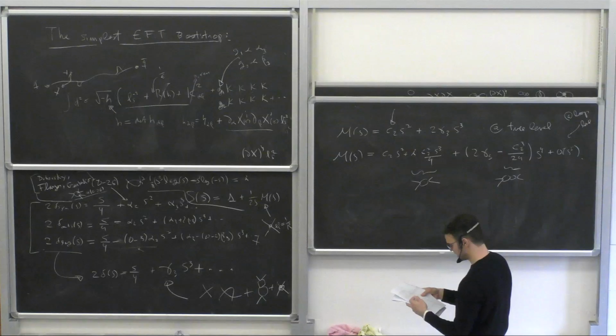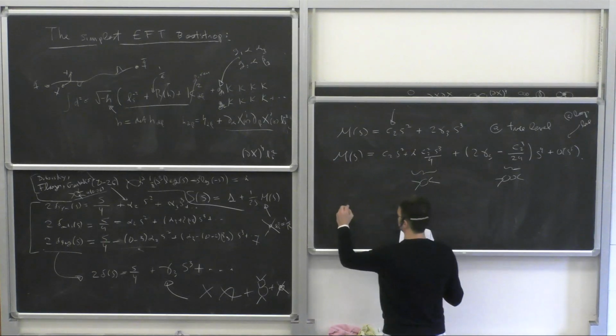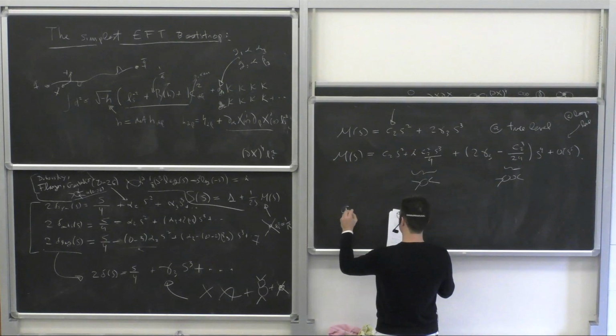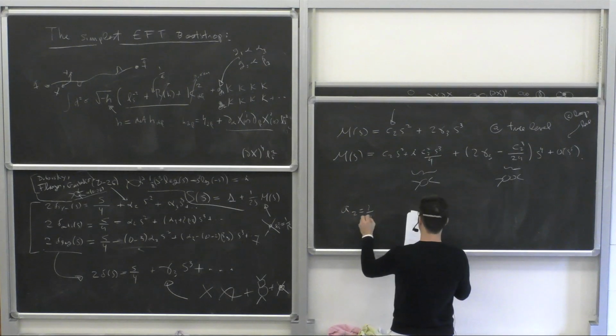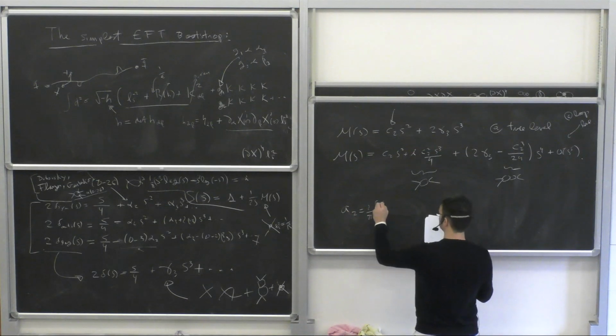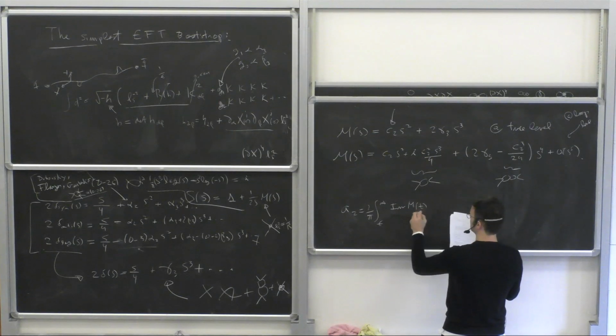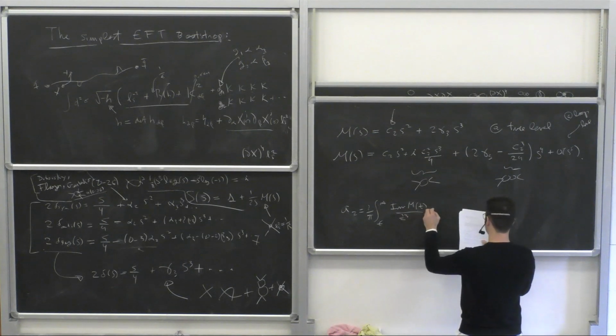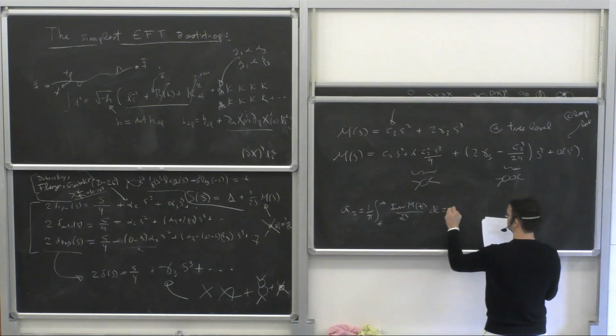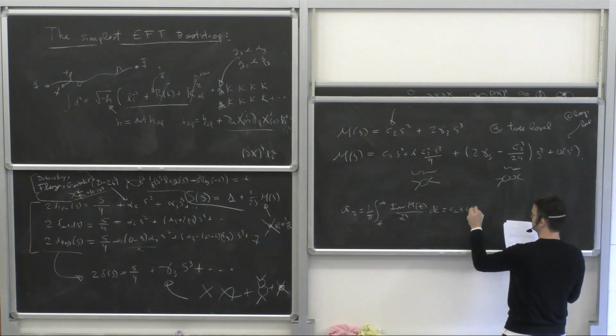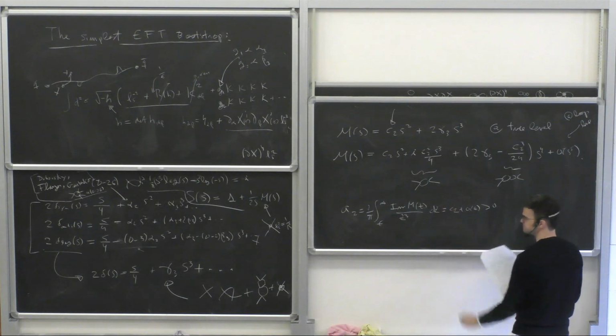Now we run the arc argument that we did the other day. We can define an object, which is 2 over pi, integral from some epsilon to infinity, of Im M of z over z cubed, dz. This is simply C2 plus order epsilon, positive, okay?